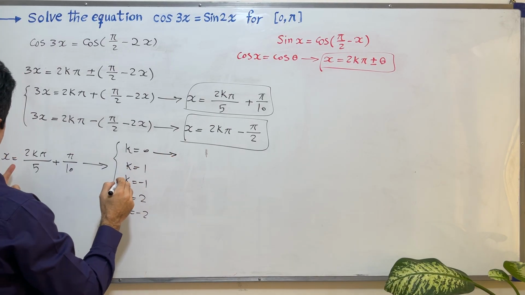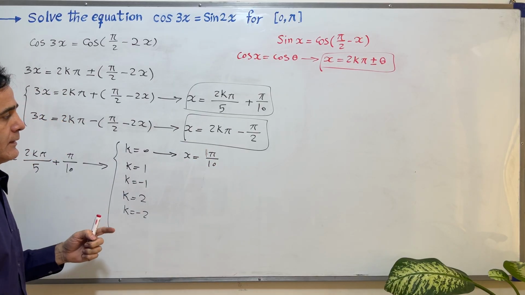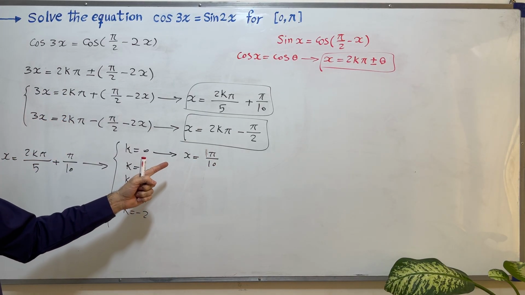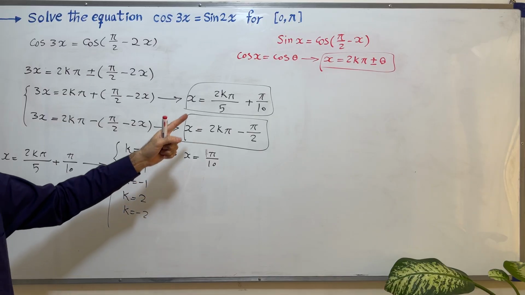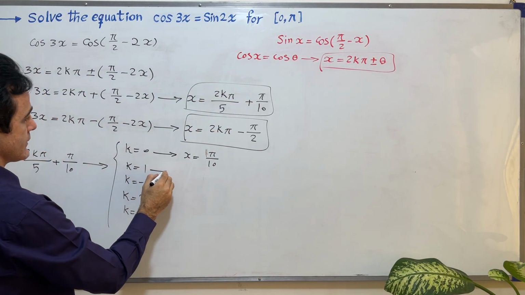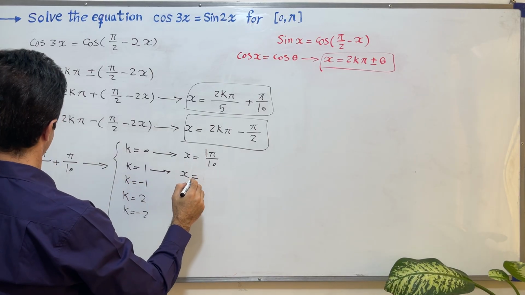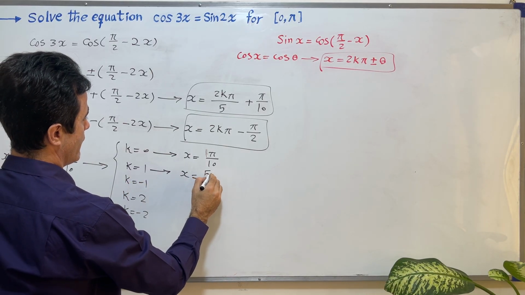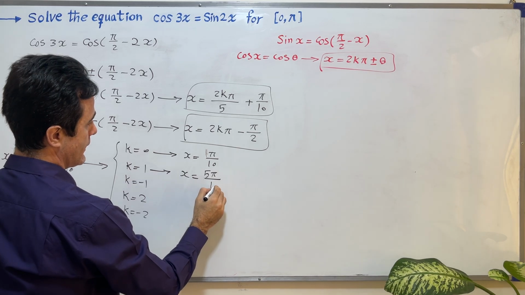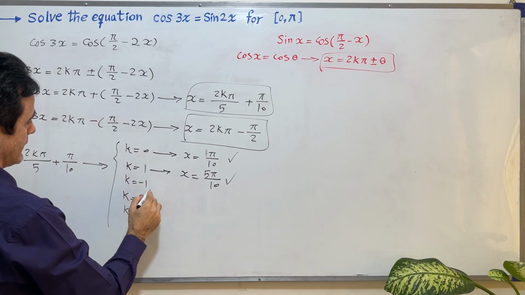K equal 0, x equal pi over 10. This value is valid because it is within the range 0 to pi. K equal 1, then x equal 5 pi over 10. This value is valid.